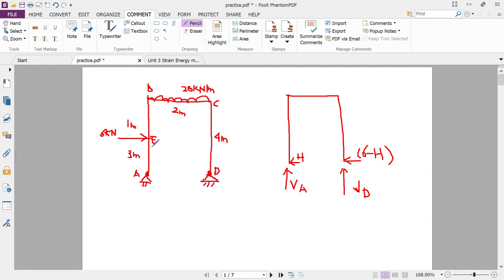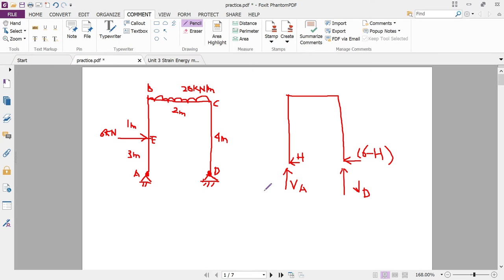For maintaining the equilibrium condition, as the 6 kN load is acting in the rightward direction, we have to apply horizontal load in the opposite direction to counteract this 6 kN, so that the equilibrium of this portal frame is maintained. Therefore, we consider the horizontal thrust as H, and here we consider 6 minus H, so the summation of these will be equal to 6. Like this we have to apply the horizontal forces.